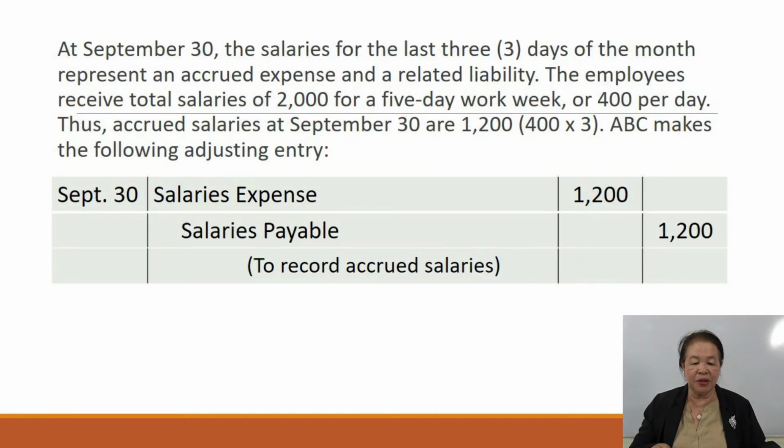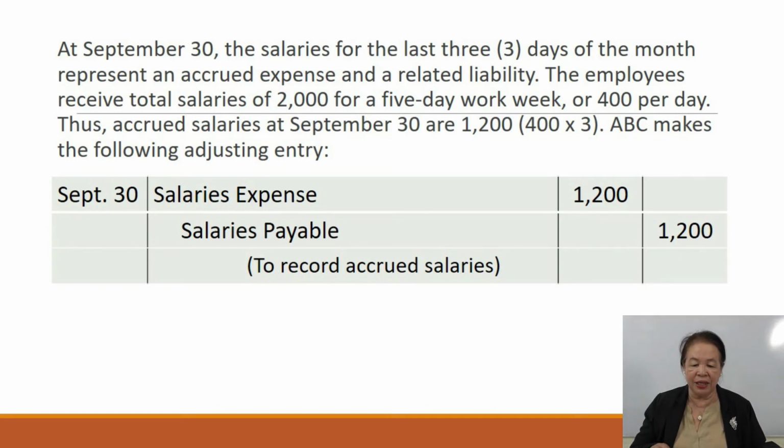So as of September 30, the salaries for the last 3 days of the month represent an accrued expense because they have not been paid, and a related liability. The employees receive total salaries of 2,000 for a 5-day work week, 400 per day. So the accrued salaries at September 30 are 1,200.